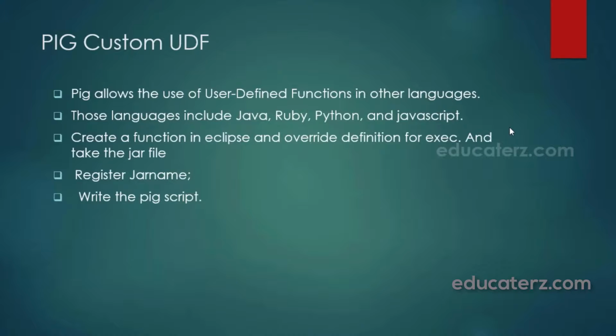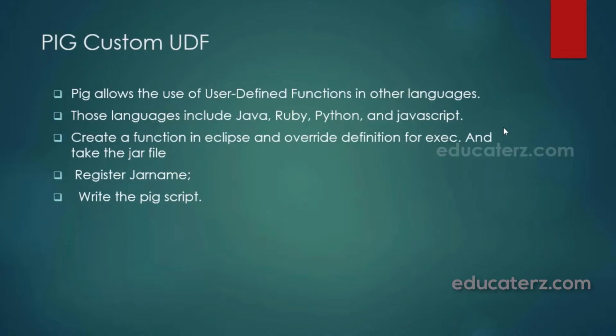You can write that in Java, Ruby, Python, or any other programming language, but mainly people write custom UDFs in Java or Python. Just as we wrote the MapReduce programs with the Eclipse editor, here also we can use that editor and write our custom UDF program.